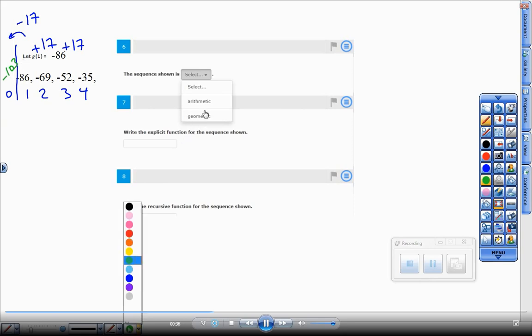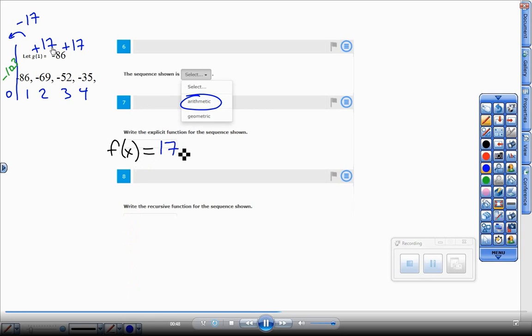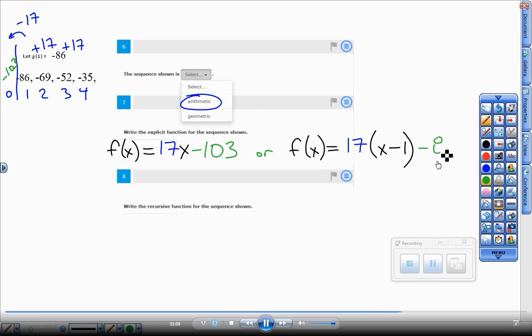So if I'm asking arithmetic, for sure arithmetic, the explicit form would be f of x equals the common difference, 17, or the slope, x, plus the zero term, negative 103. Or I could write that as f of x equals 17 times the quantity x minus 1, minus the first term, which is 86.